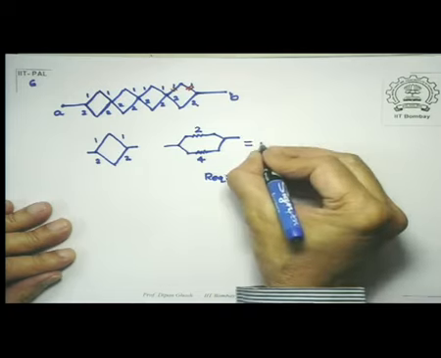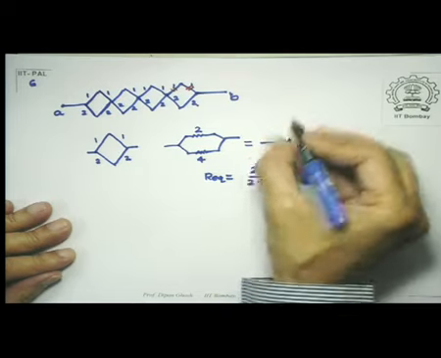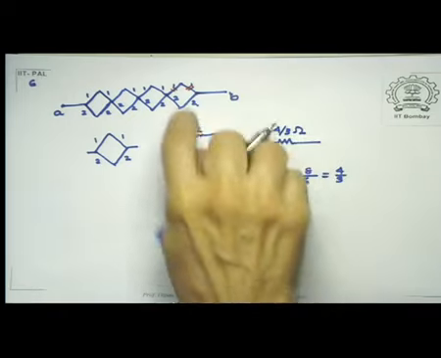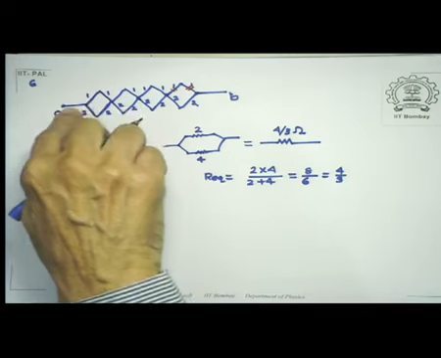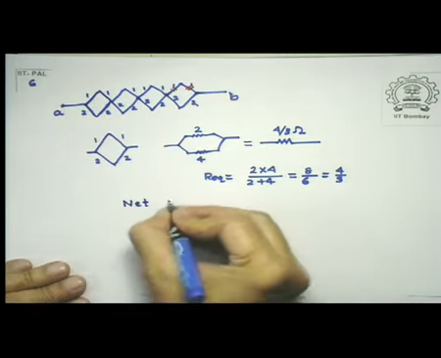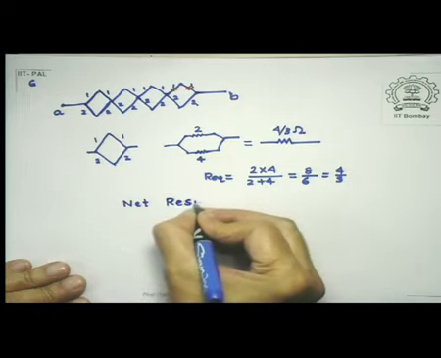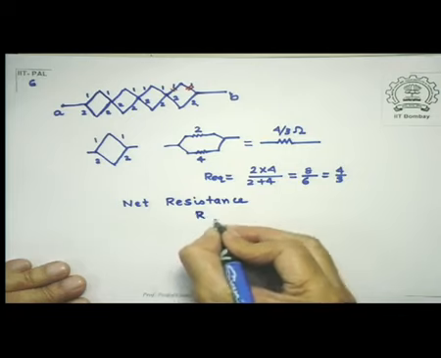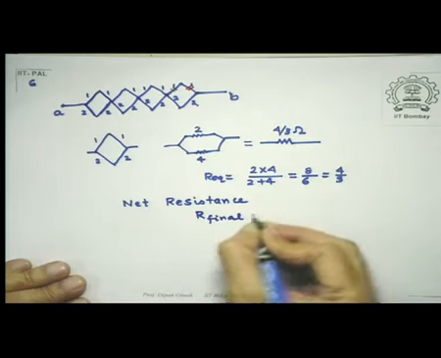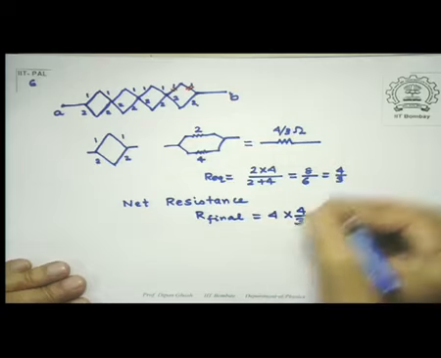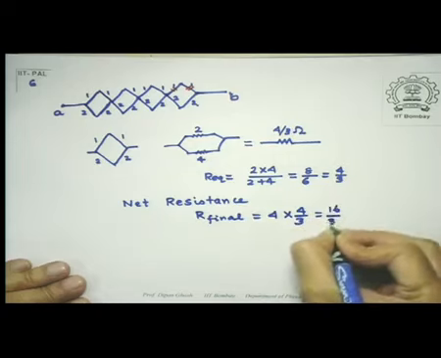So this is nothing but a single 4 by 3 ohm resistance, and 4 of them are connected in series. So the net resistance of this combination is 4 into 4 by 3, which is equal to 16 by 3 ohms.